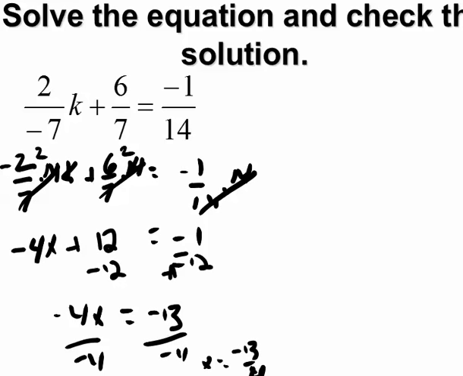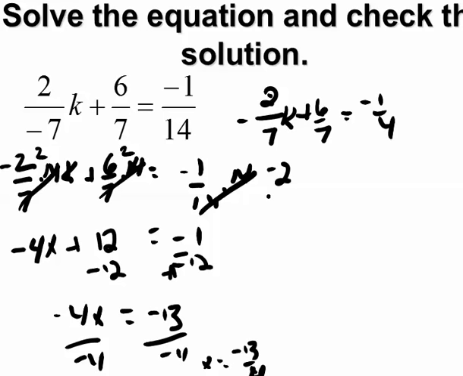Let's see if we can do the same thing. We have 2 different ones, so we could do this. Negative 2/7 k plus 12/14 is equal to negative 1/14.